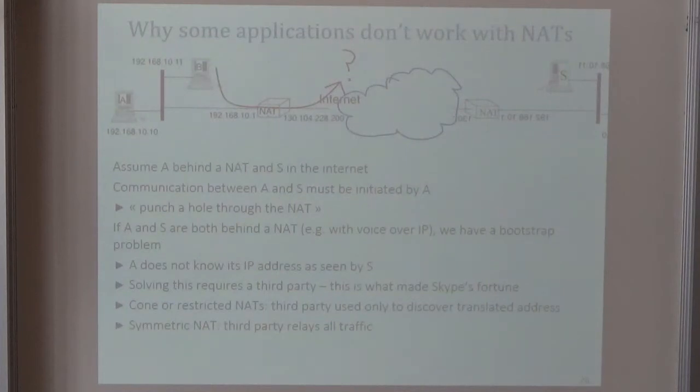So practically, one solution to this problem is to go into the NAT and do something. It's called punching a hole in the NAT, by analogy to the fact that a NAT is like a firewall that prevents communication from happening when you don't know the port number. And this is why some applications sometimes don't work if they require a server here at home.